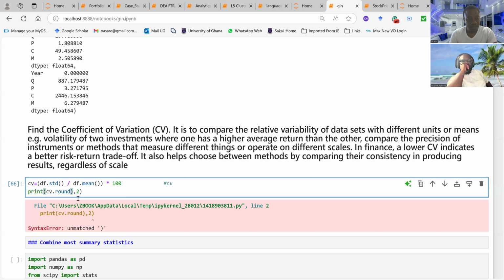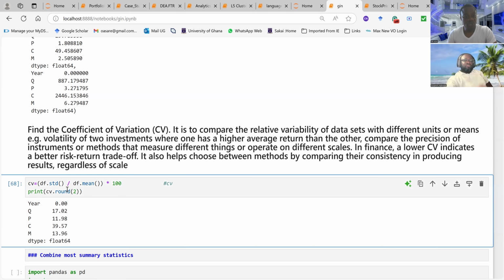Okay, I know why. It's supposed to be round. I should bring this one rather. They should all be inside. Then inside should be 2. Yep, it should be like this.